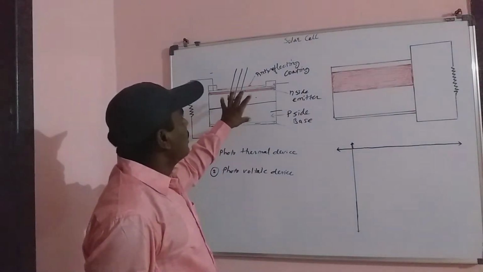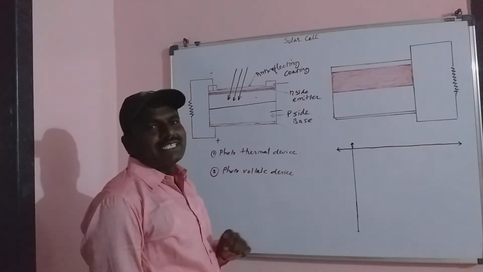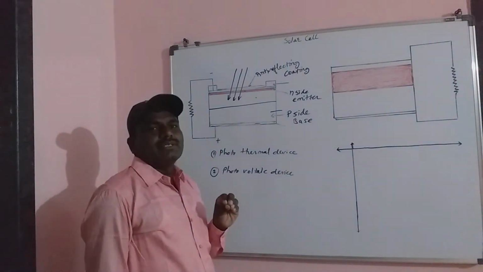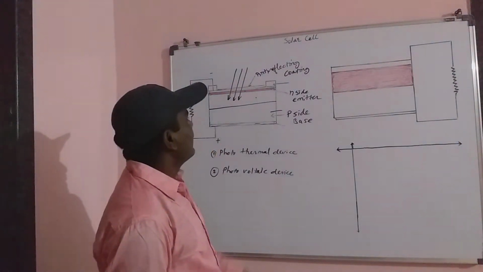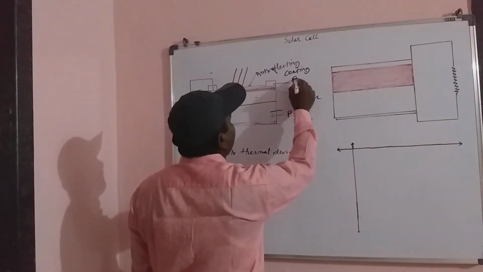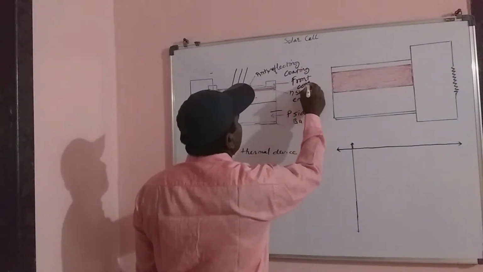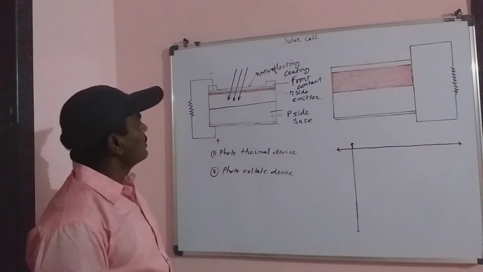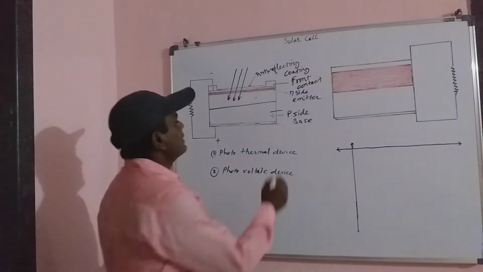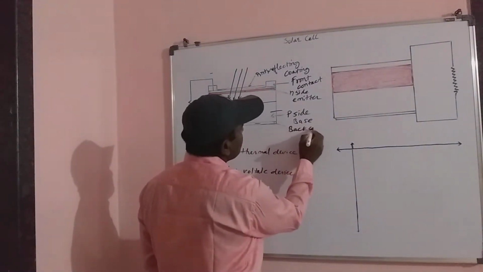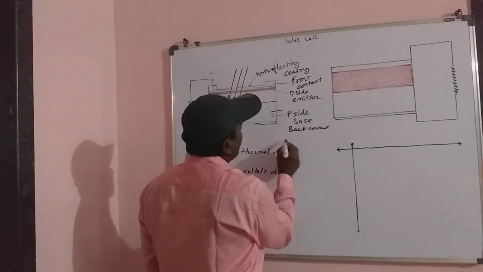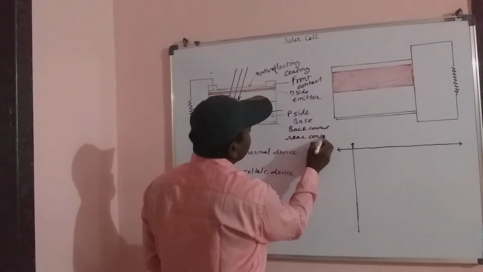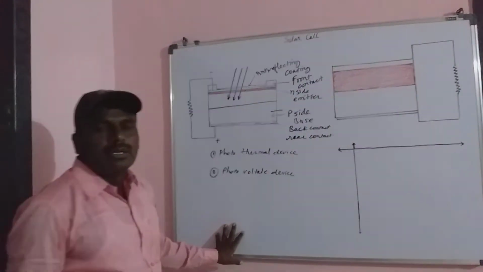This coating material contains an electrical contact. The electrical contact on the n side is called the front contact, and the contact below the solar cell is called the back contact or rear contact.